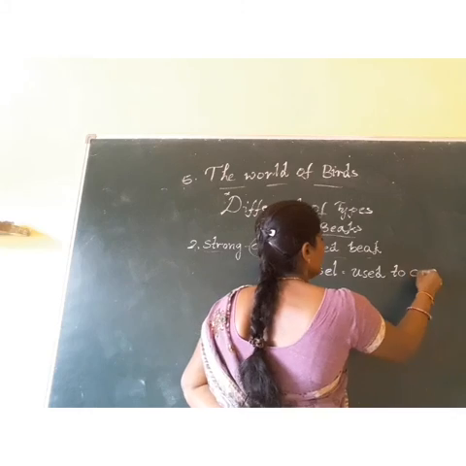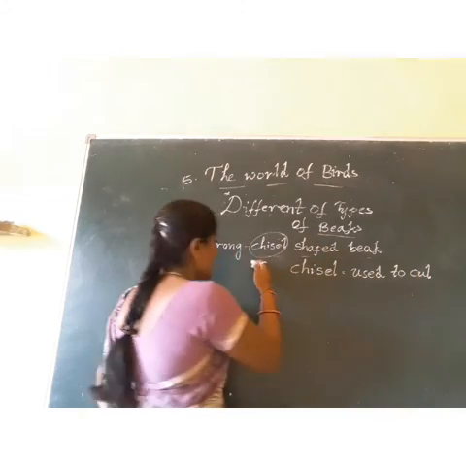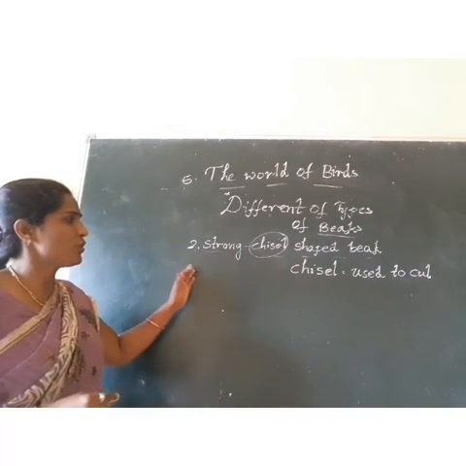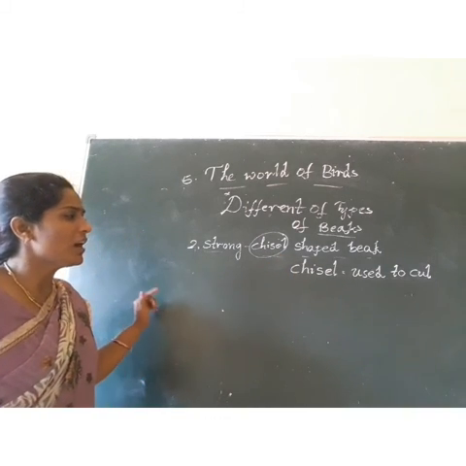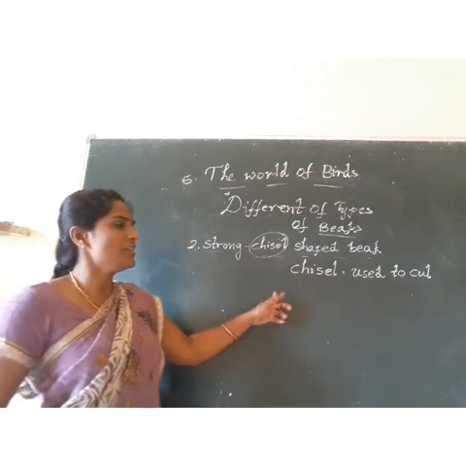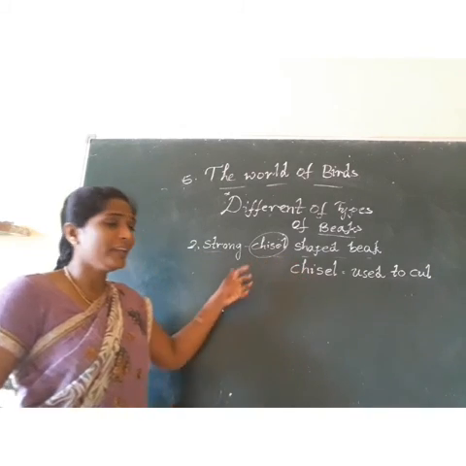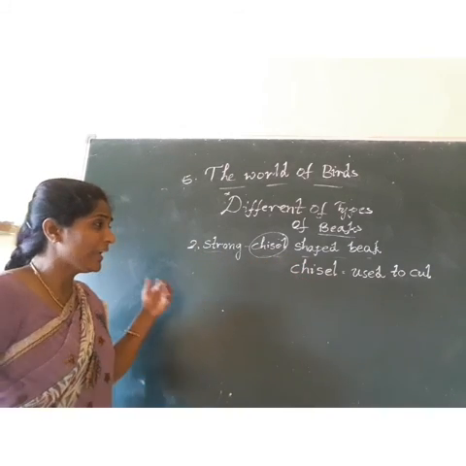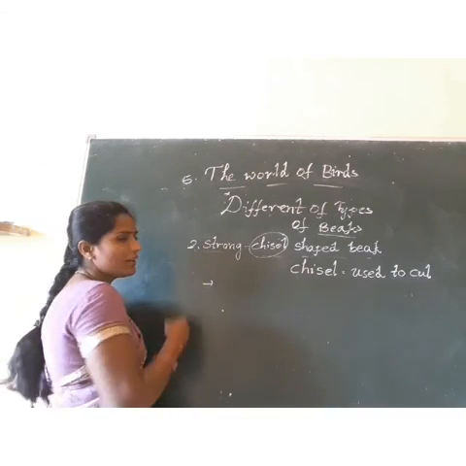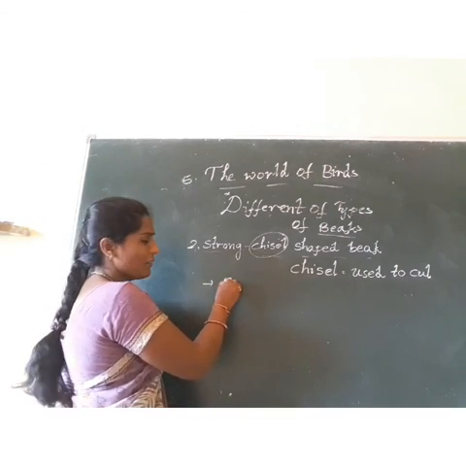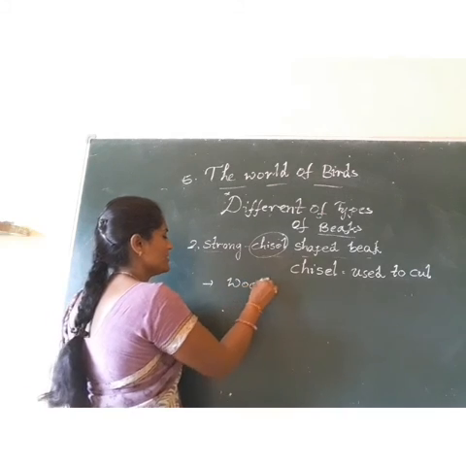Used to cut. So one type of birds have this strong chisel shaped beak. These birds use their chisels to take insects from the trunk of the tree. So what are the birds? Come on, woodpeckers.